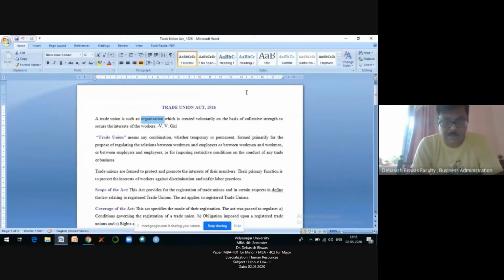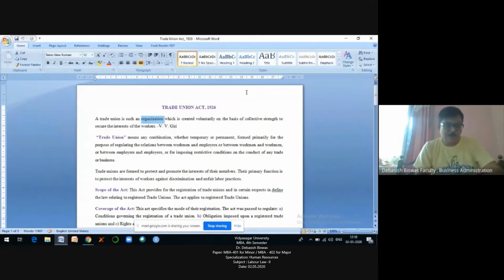The Trade Unions Act 1926 clearly mentions that if you want to form a trade union in an organization, then a minimum of 7 percent is required.